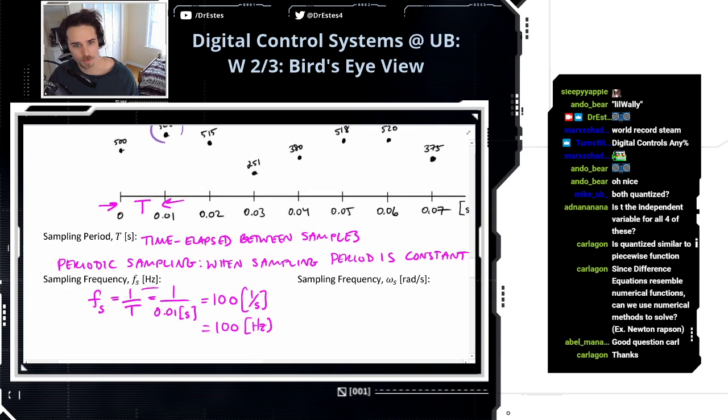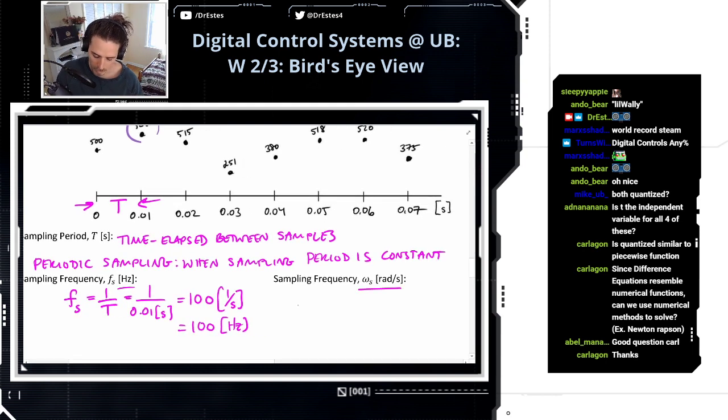It's also common for us to talk about sampling frequency in radians per second. So 1 cycle is equivalent to 2 pi radians, like traveling once around a circle. So if I have a sampling frequency of 100 cycles per second, then that's 100 times I'm going around 2 pi radians per second. So if I want my sampling frequency in radians per second, we usually use the variable omega.